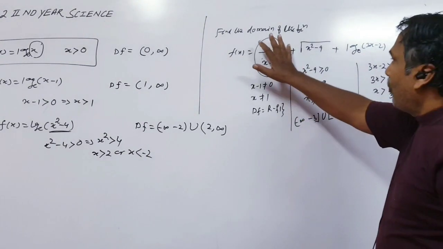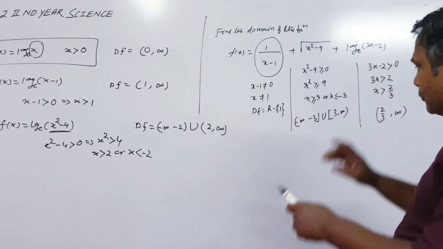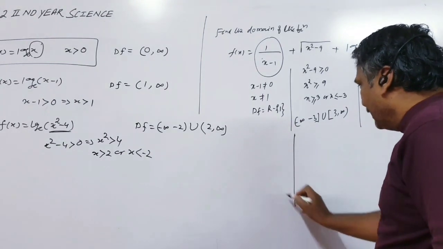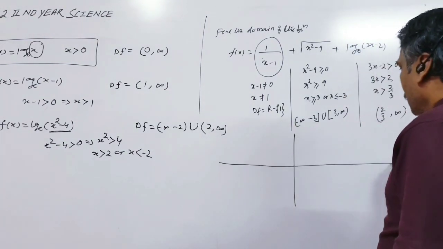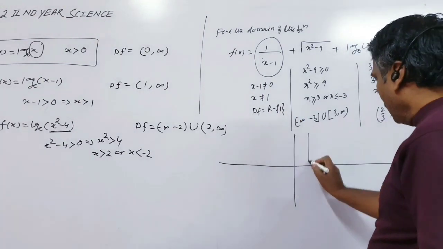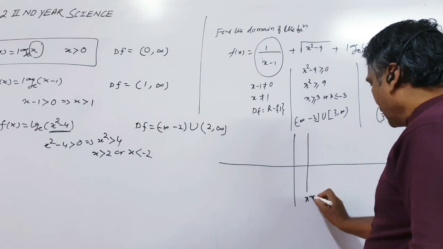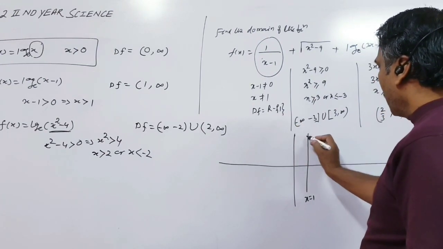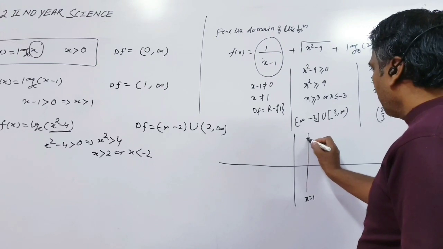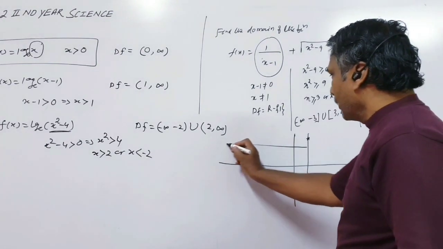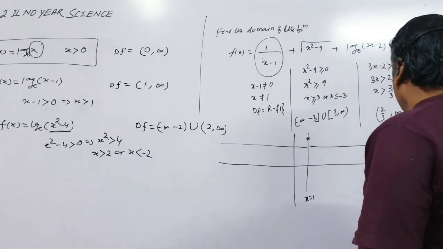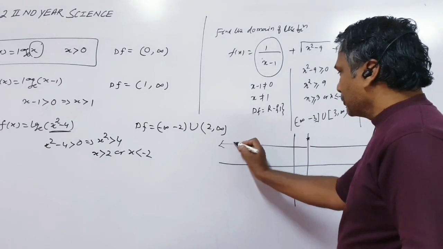So it must satisfy all three conditions. Now you can draw a line. Let us say this is x equal to 1. x is not equal to 1, except this point. This is the first one.